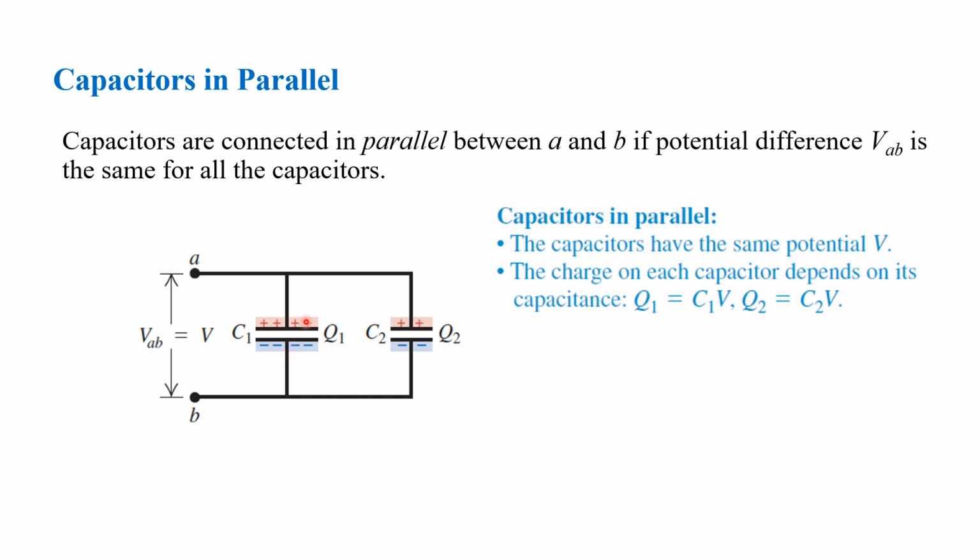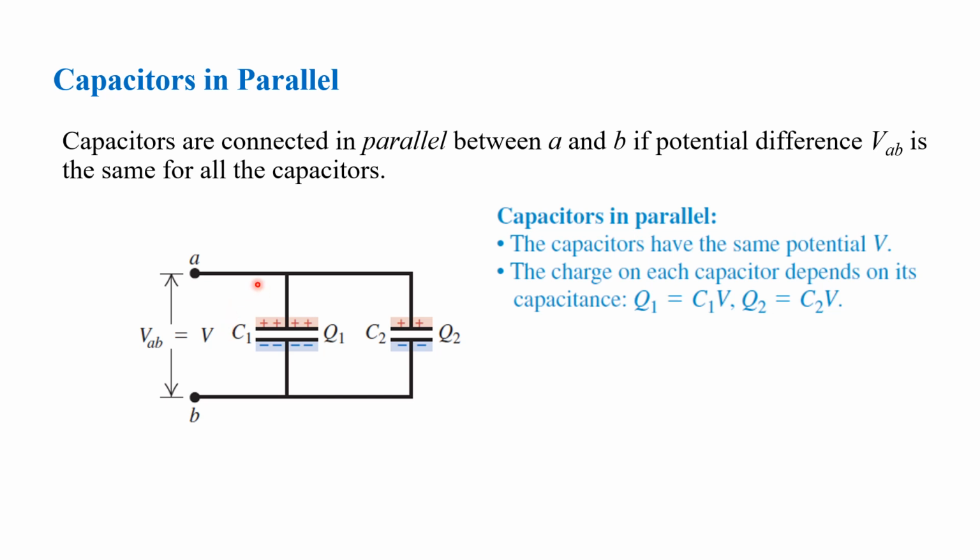That is, if the capacitance of the first capacitor is C1, the charge Q1 is equal to C1 times V. For the second capacitor with capacitance C2, the charge Q2 is equal to C2 times V. Again, for capacitors in parallel, the capacitors have the same potential V.